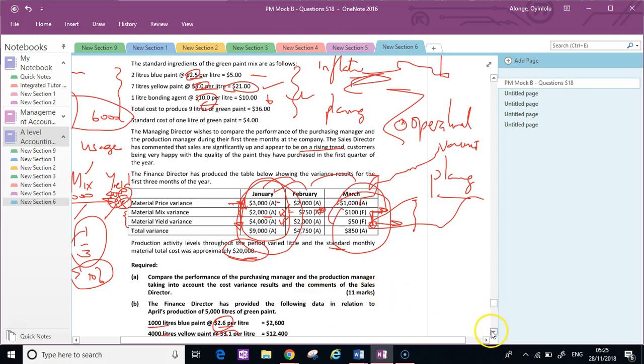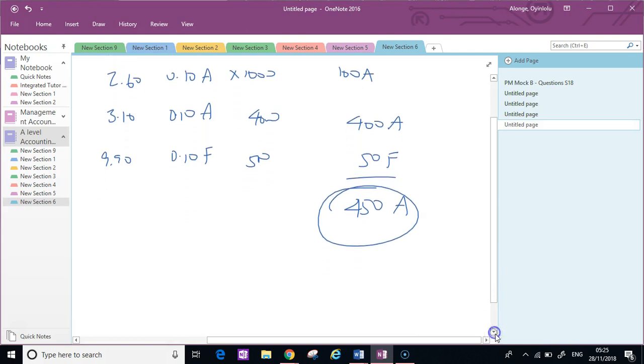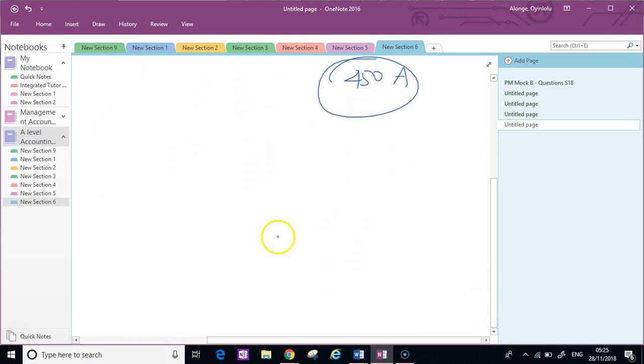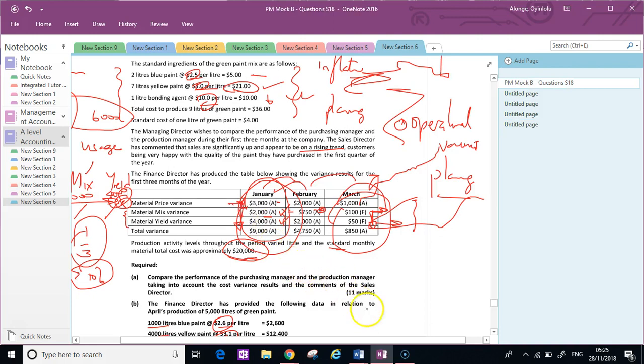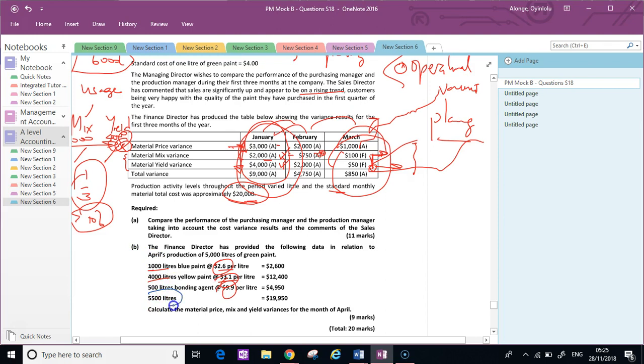Then it goes on to ask us to also prepare the mix variance. Another very nice and standard variance. The question here is asking, let's look at the composition. Looking at the question, it tells us that you used 5,500 liters, and that was what you did.